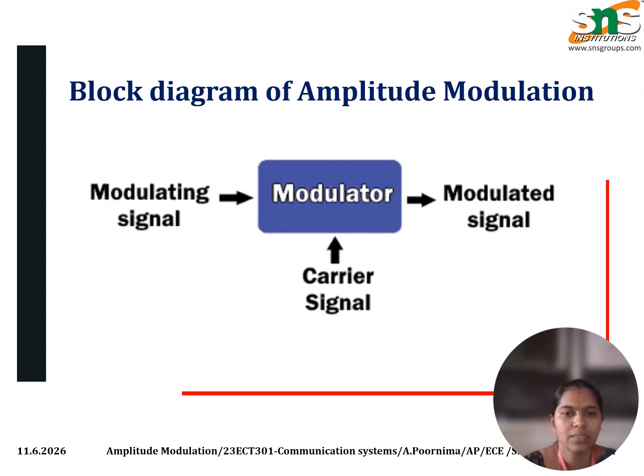Next, we'll discuss how the block diagram works in amplitude modulation. First, the inputs to the modulator: one is the modulating signal, nothing but the message signal, and the next one is the carrier signal, which is a high frequency signal. This is going to get modulated according to the modulating signal amplitude, and the result is called the modulated signal.